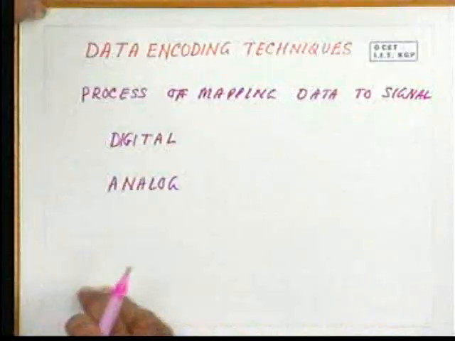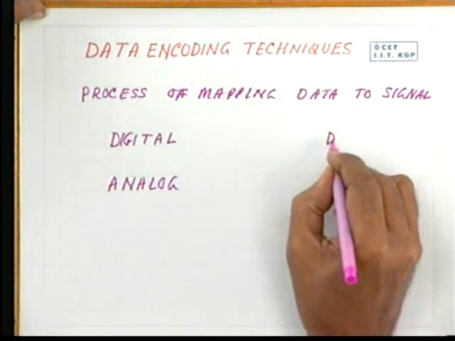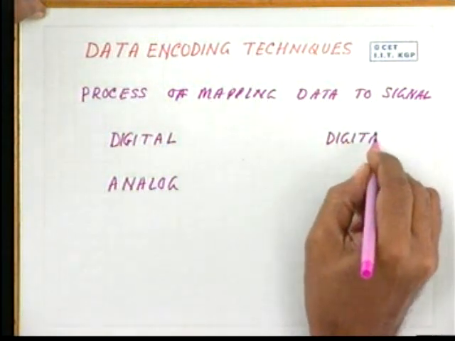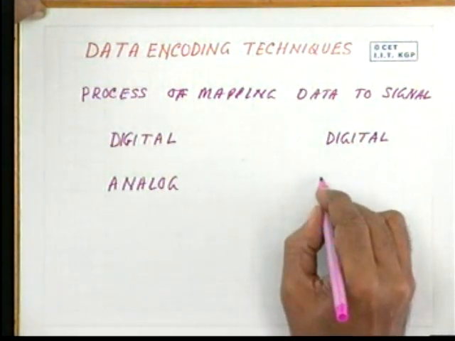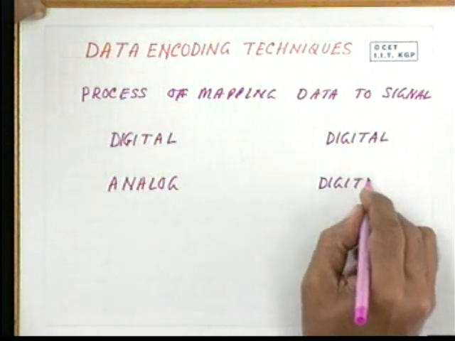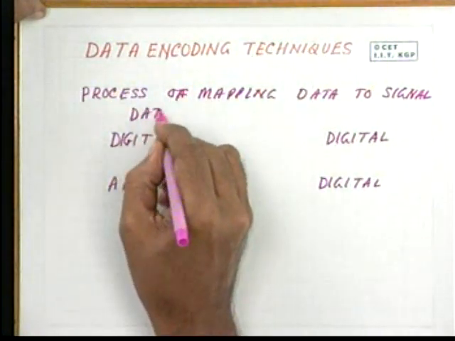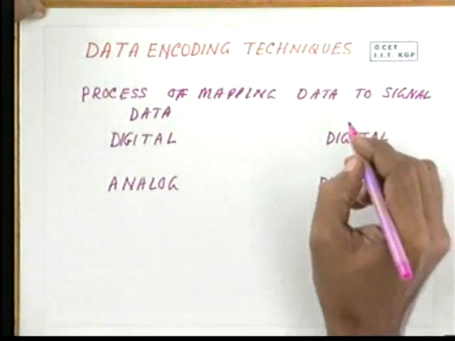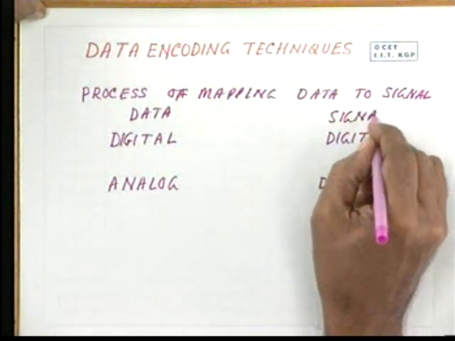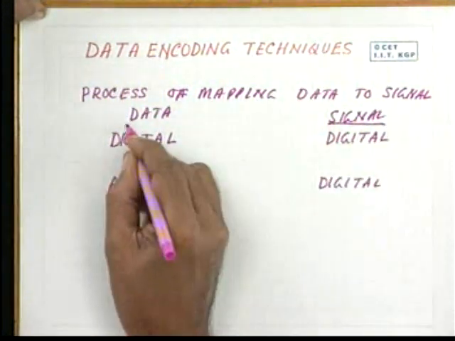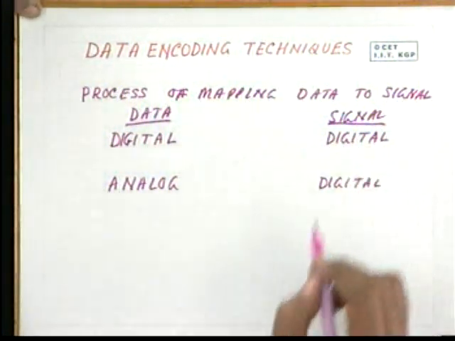These possible combinations are digital to digital, analog to digital, that means digital data and signal is also digital. Analog data and signal is digital.